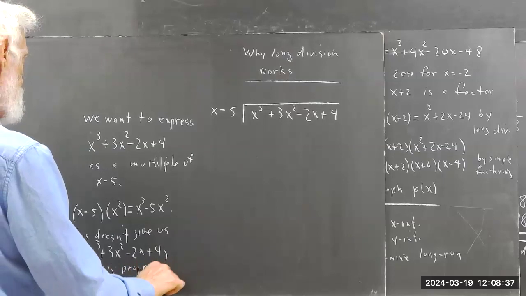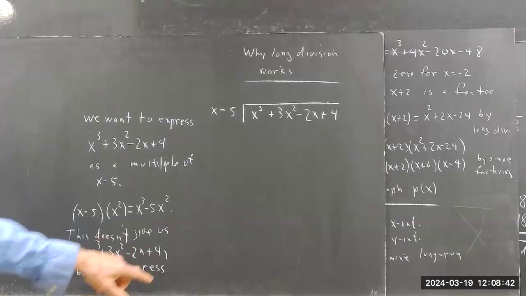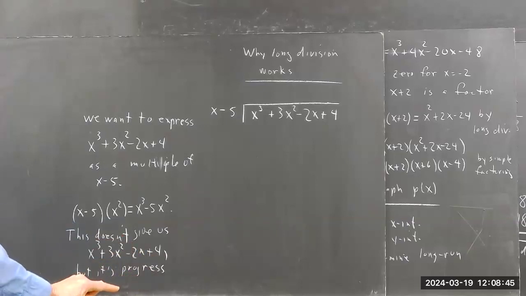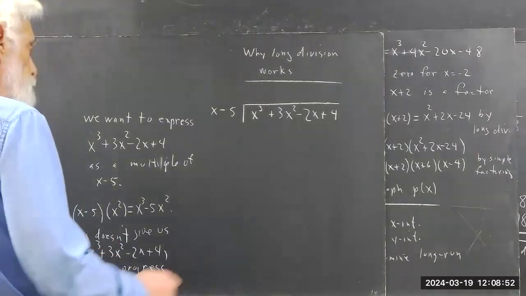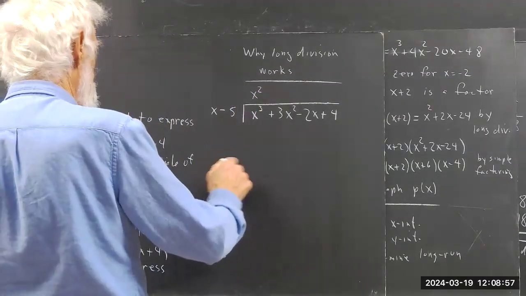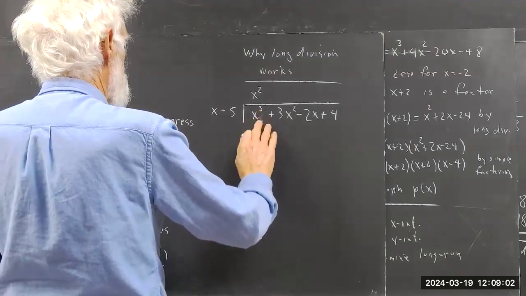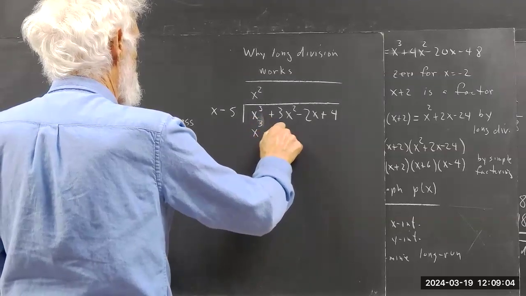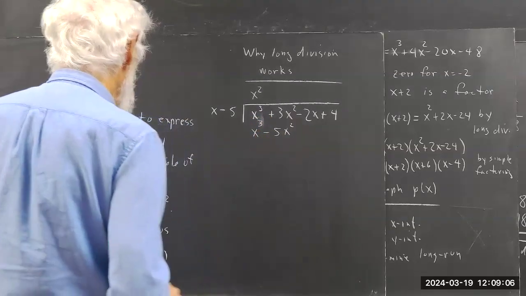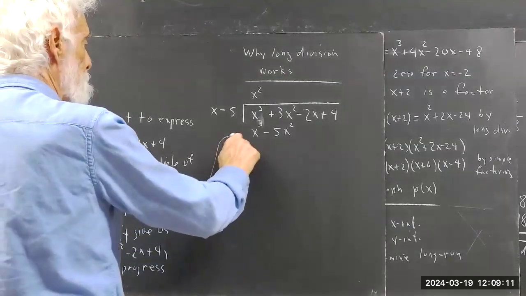I'm gonna say, this doesn't give us x cubed plus 3x squared minus 2x plus 4, but it's progress. Okay. So if we write x squared here, then we can write our x cubed minus 5x squared. That's what we get here.